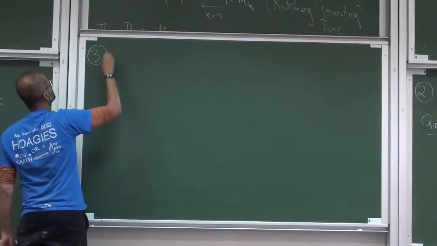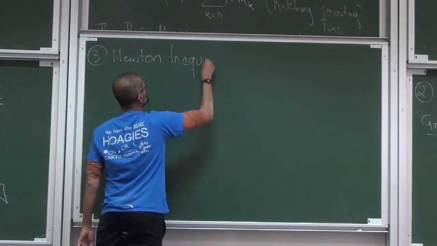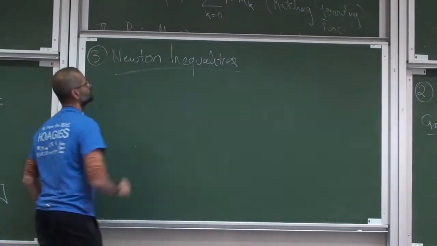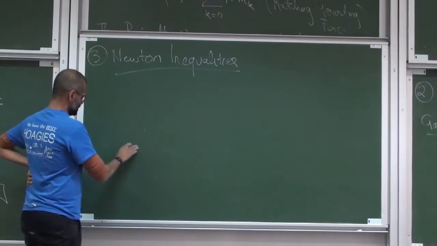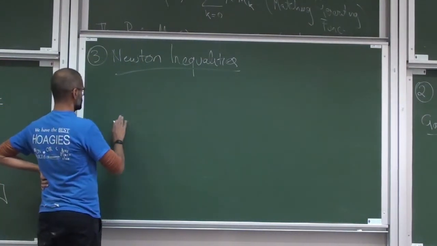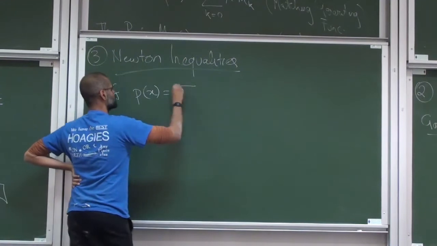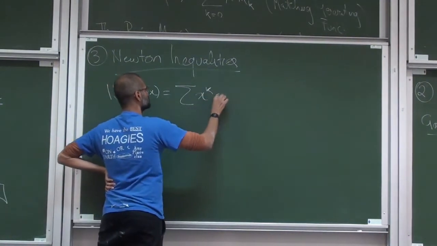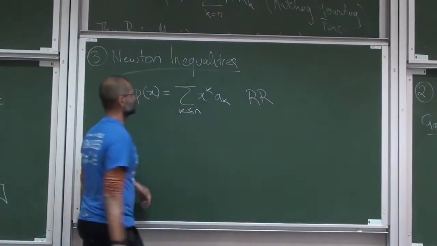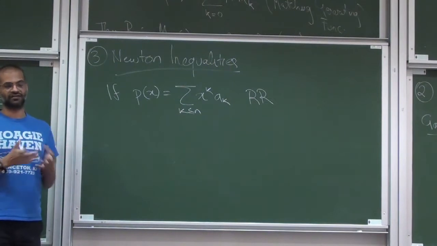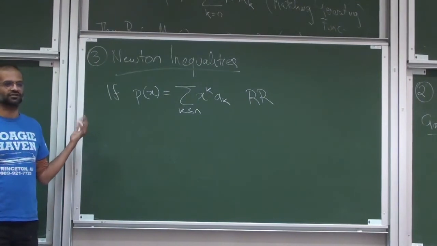The third thing I want to prove is called the Newton inequality. I suppose this was proven by Newton. What they say is that if I have a real-rooted univariate polynomial, then the coefficients actually have to satisfy certain inequalities. This makes sense, since not all polynomials are real-rooted.